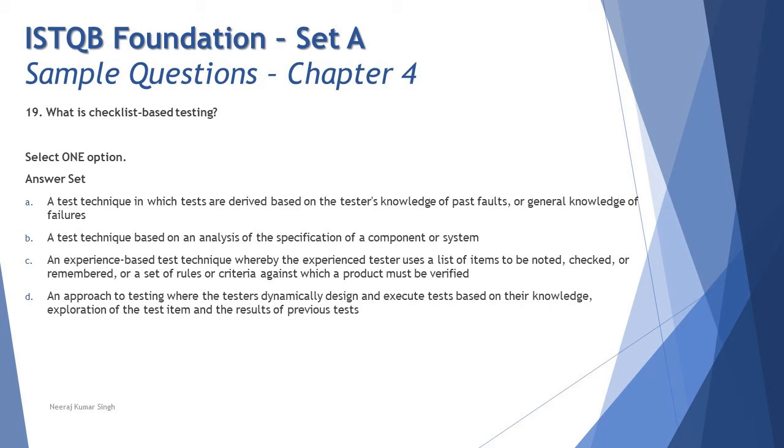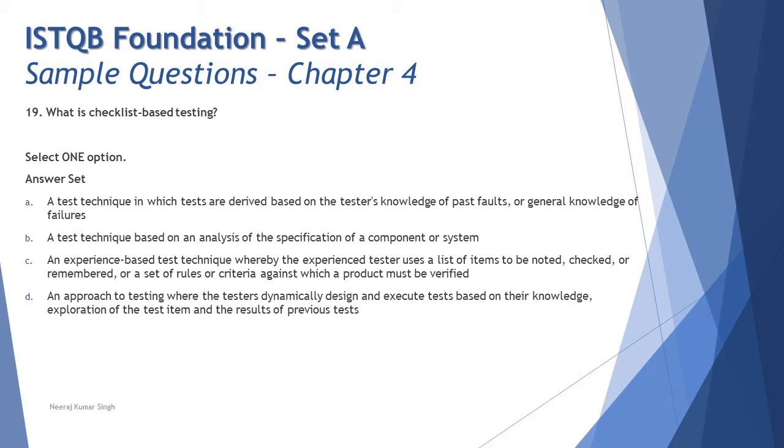When you look at B, a test technique based on an analysis of the specification of a component or system, these are more the formal techniques, not the experience-based technique. When you apply black box testing techniques, which are also called specification-based techniques, a specification is referred to in order to derive the outcome. That's why this is not an option to be applied to checklist-based testing and cannot be right.